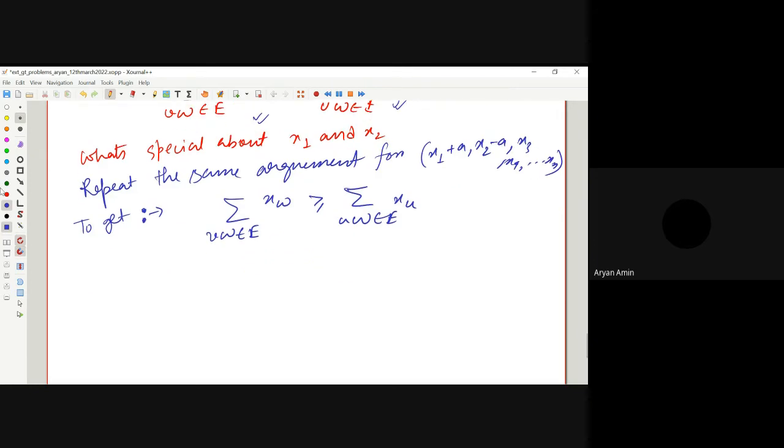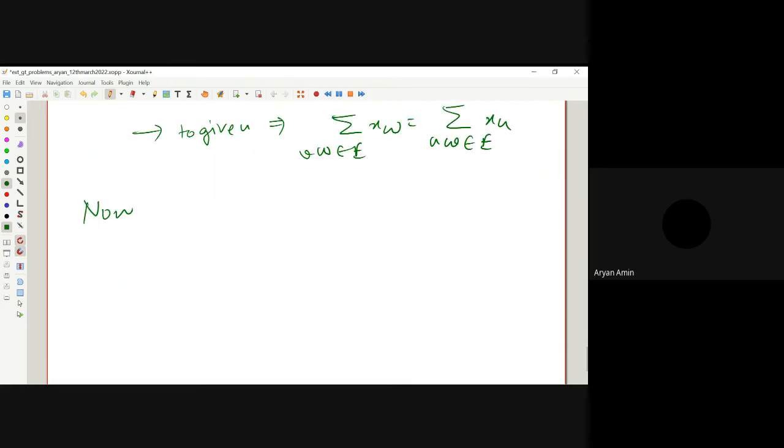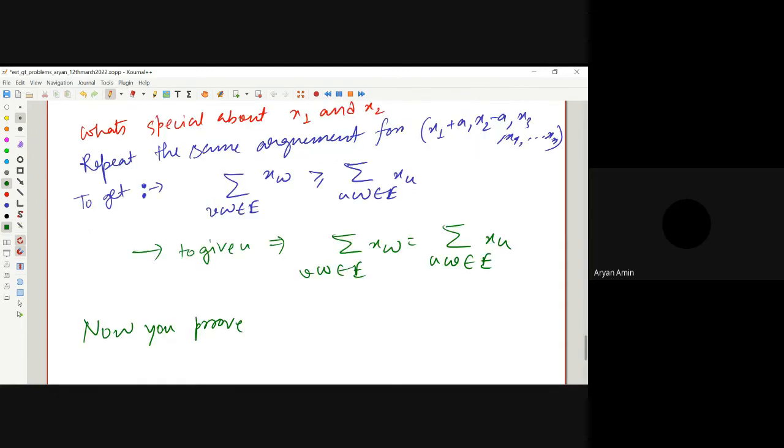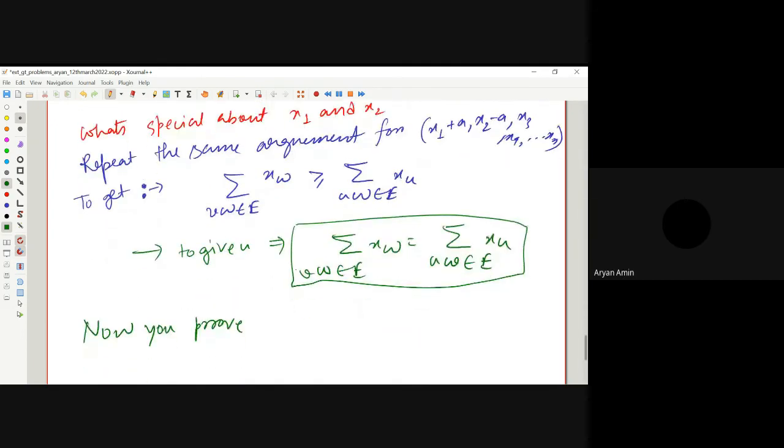So these two will combine to give you summation of xw over vw belongs to E equals summation of xu over uw belongs to E. Does everyone agree how I got this expression? If there are questions, please ask.